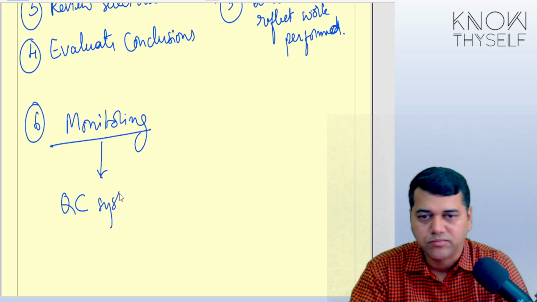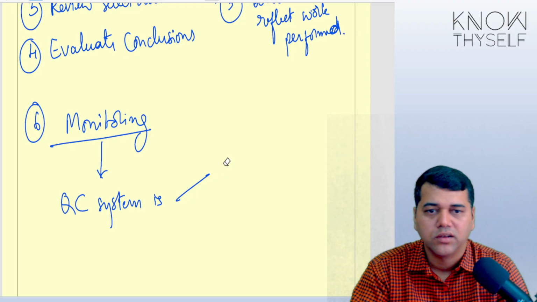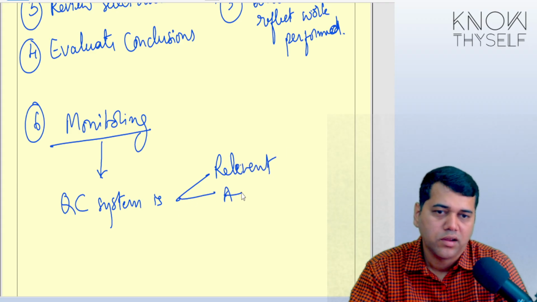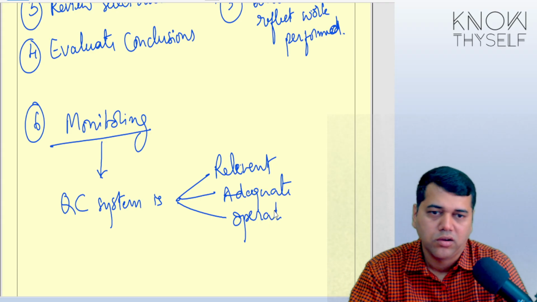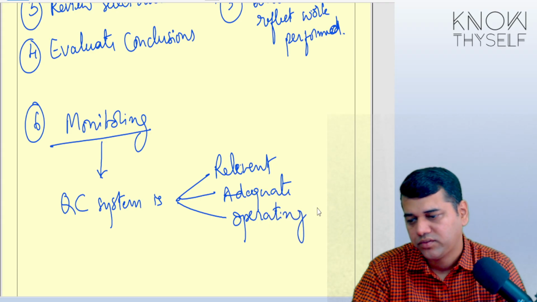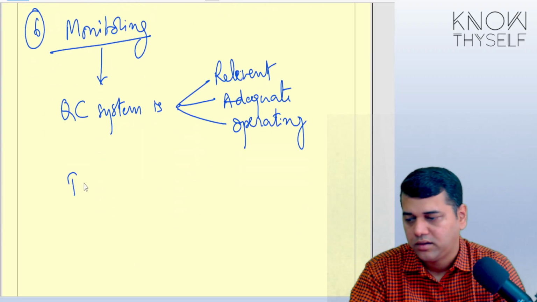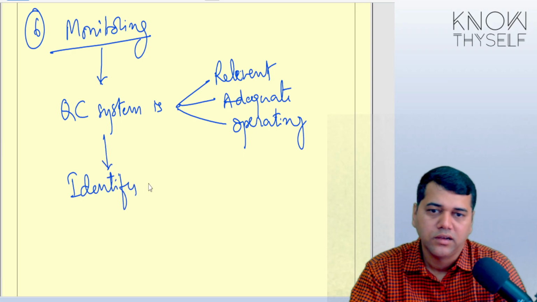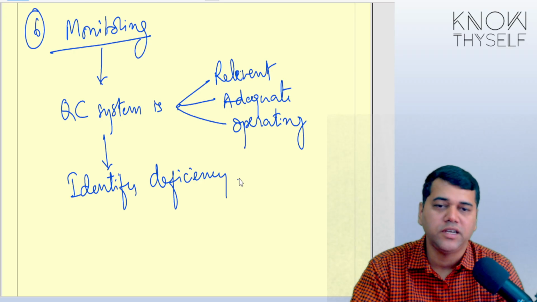Whether the quality control system is relevant, adequate, operating. These are the 3 points. And then identify the deficiency.